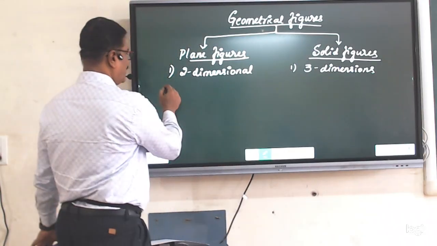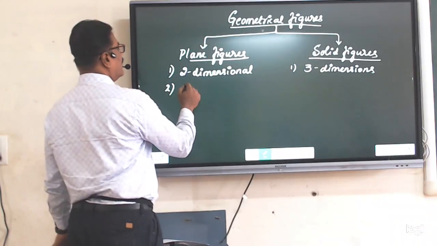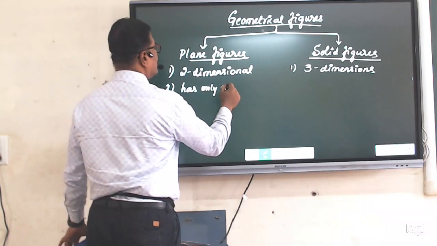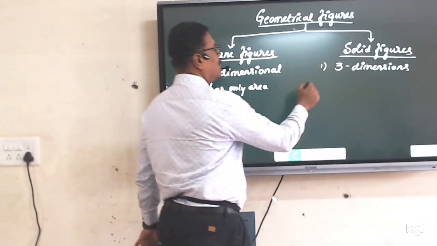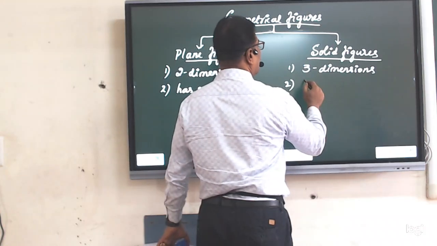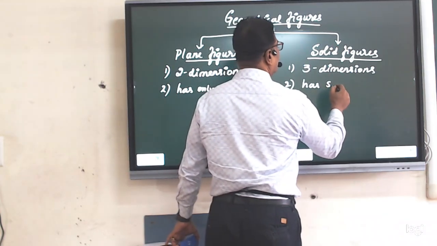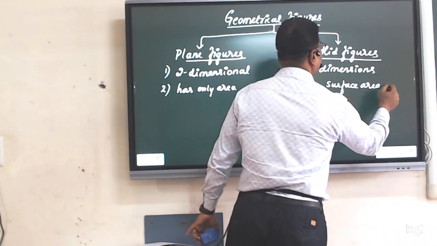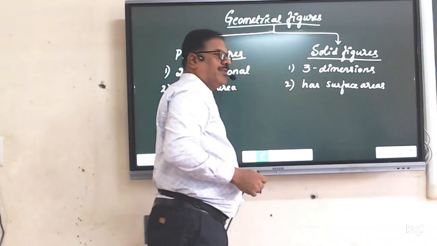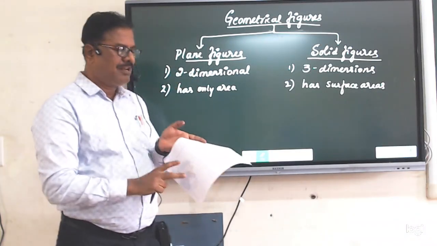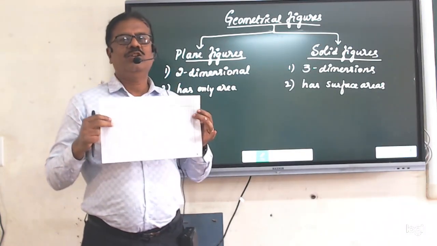So the second difference that you can notice here is a plane figure has only area, whereas the solid figure has what? Surface area. So try to make out the difference between area and surface area. Area means one. As I said, this rectangle has only one area, length into breadth.